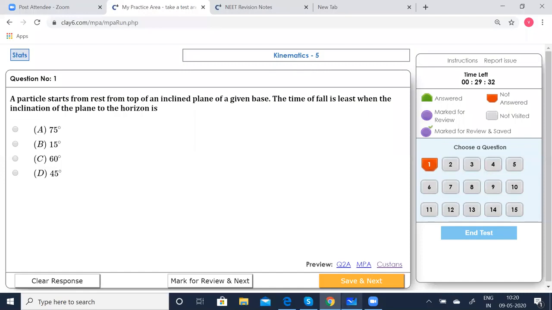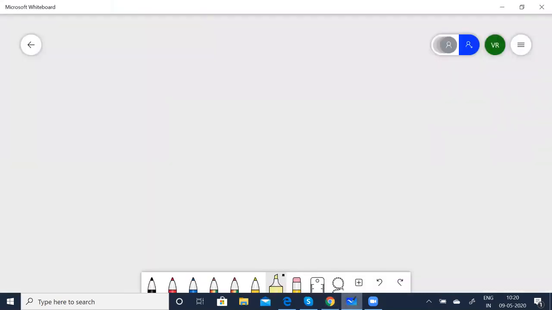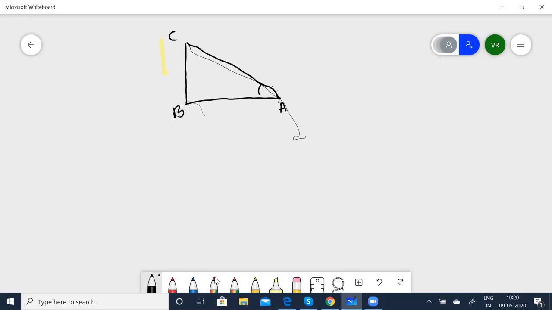Let us solve that. Okay. Let me draw the diagram. So this is going to be the triangle. Let me take this as A, B, and C. Let this angle be theta.